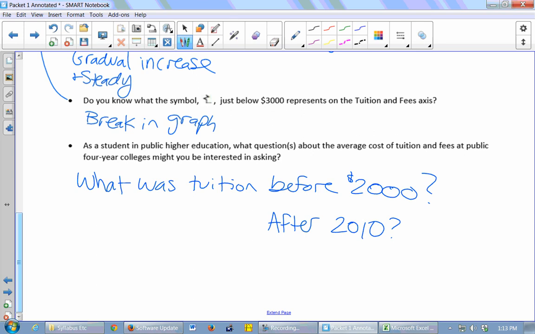What's it like in other countries? Sure, compare to other countries. Were there any huge outliers? Any outliers?